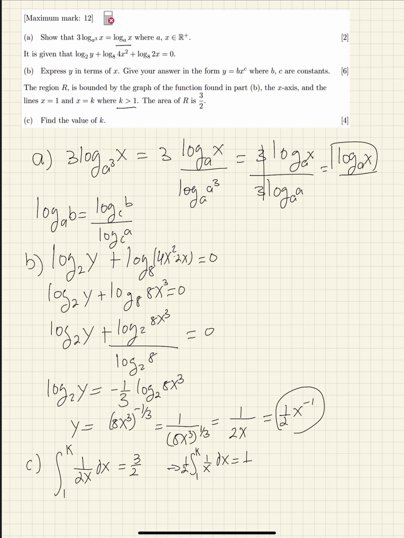So I've got 1/2 ln k minus 1/2 ln of 1, and this is equal to 1/2 ln of k minus, the ln of 1 is 0, and this was equal to 3 over 2, so that, well, ln of k must equal 3, and this in turn means that e cubed equals k.